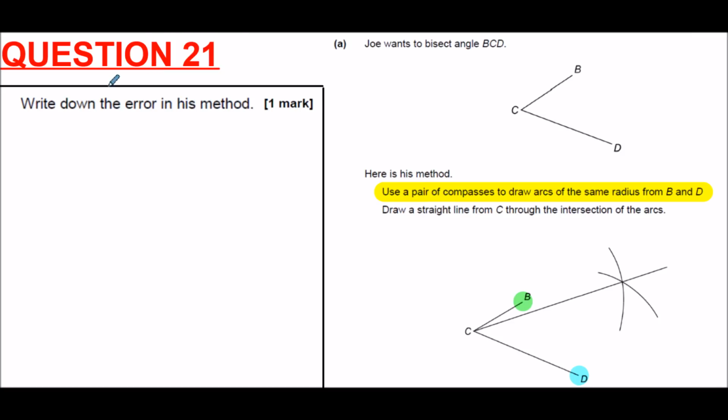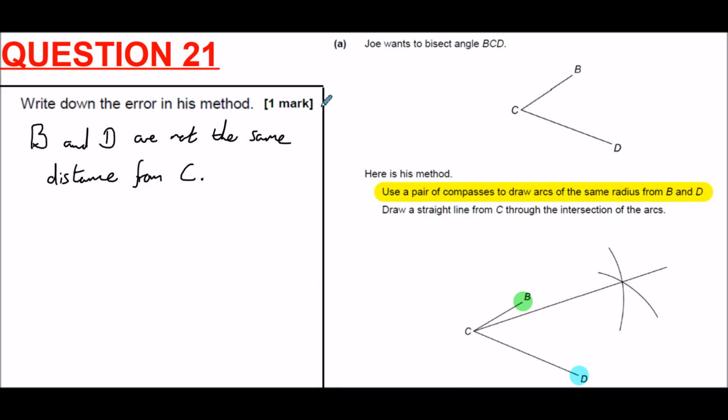So the error is B and D are not the same distance from C. So what we need first of all in this step, we need to draw arcs of the same radius from two points at equal distance from C, sorry.